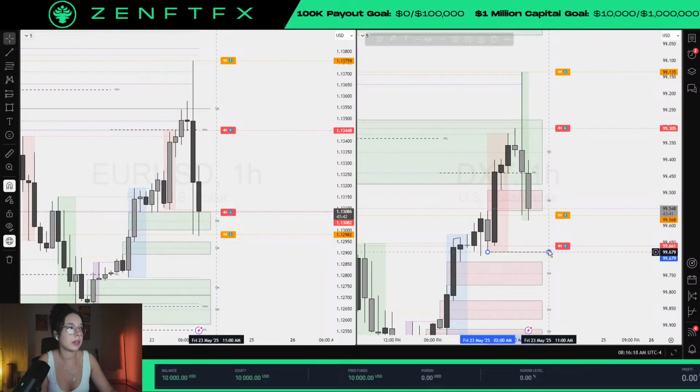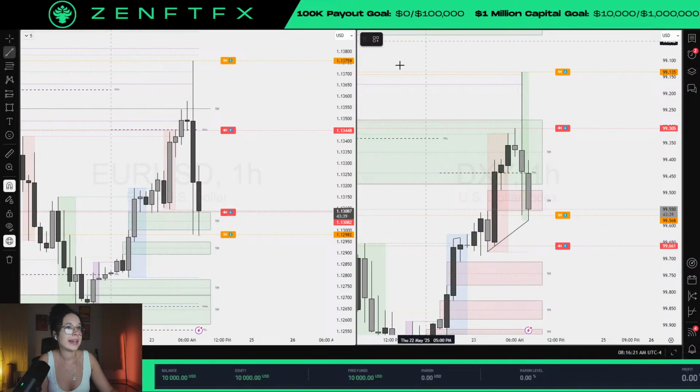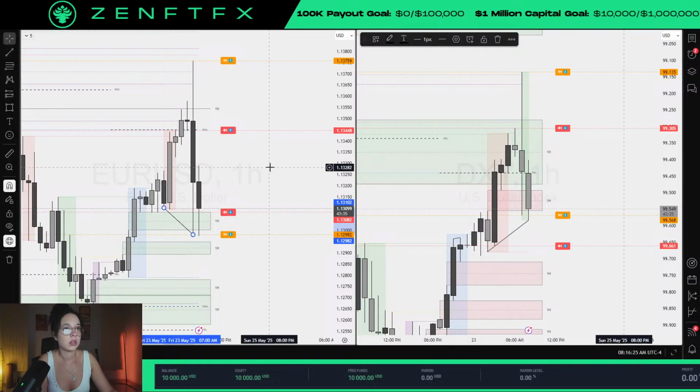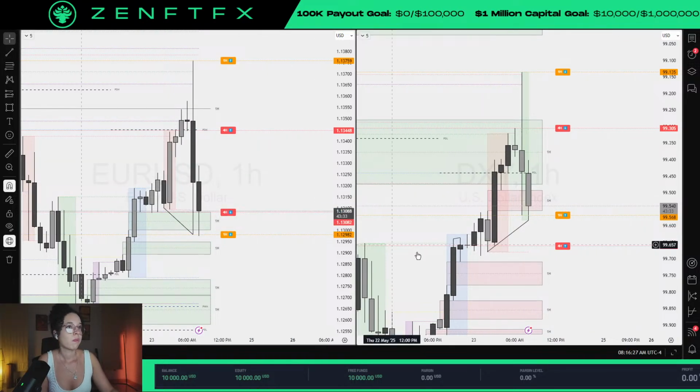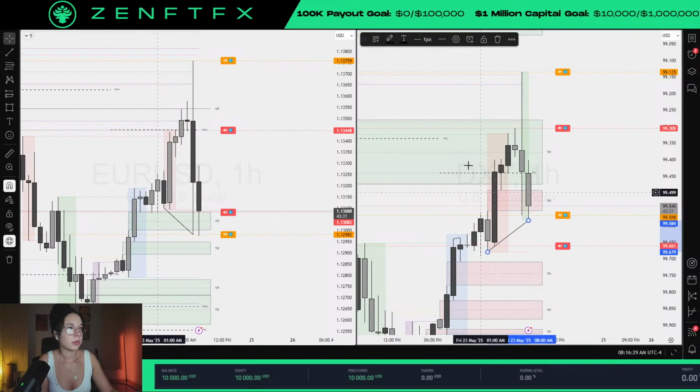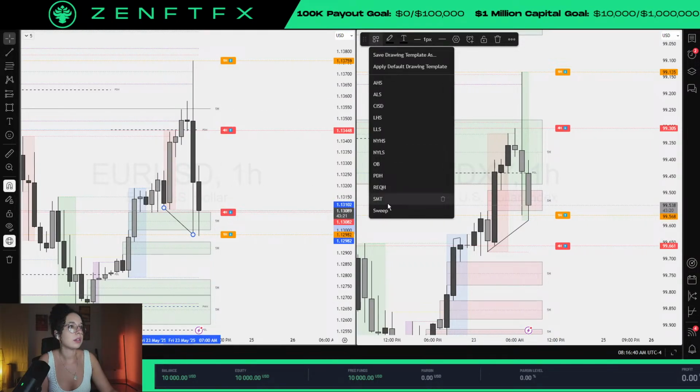So this to me is creating an SMT between those two levels. So that's our initial SMT, which tells me, all right, dollar wants to come down so we can push euro up.